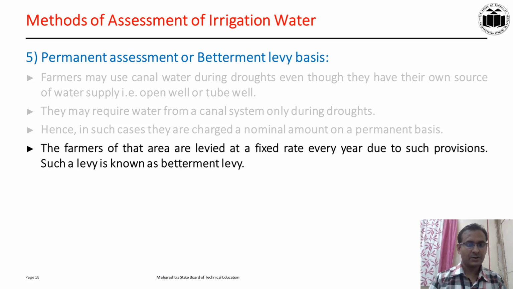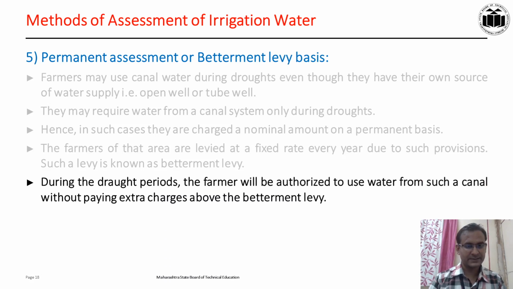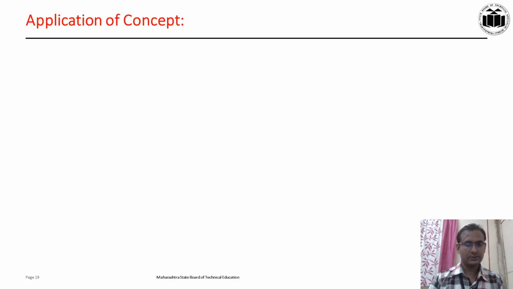The farmers of that area are levied at a fixed rate every year due to such provisions. Such a levy is known as betterment levy. During the drought periods, the farmer will be authorized to use water from such a canal without paying extra charges above the betterment levy. So this is about the assessment of irrigation water.